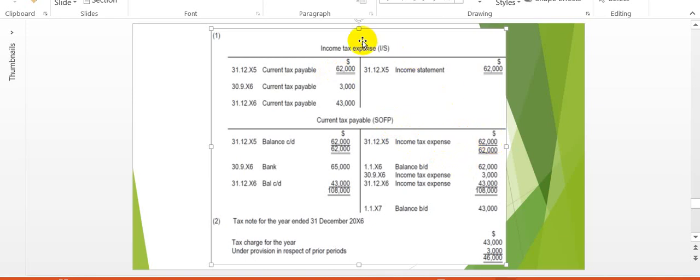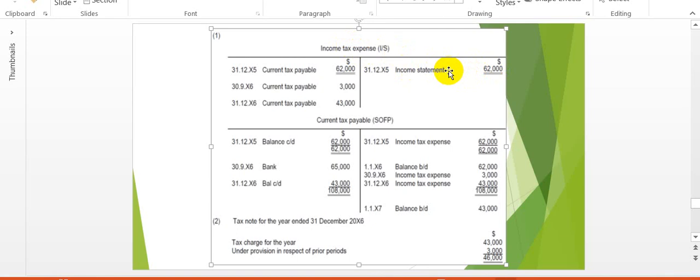But remember, the income statement is closed. The income statement does not have an opening or closing balance. So at the end of the year, the income tax expense account is closed by taking the $62,000 to the income statement as an expense.